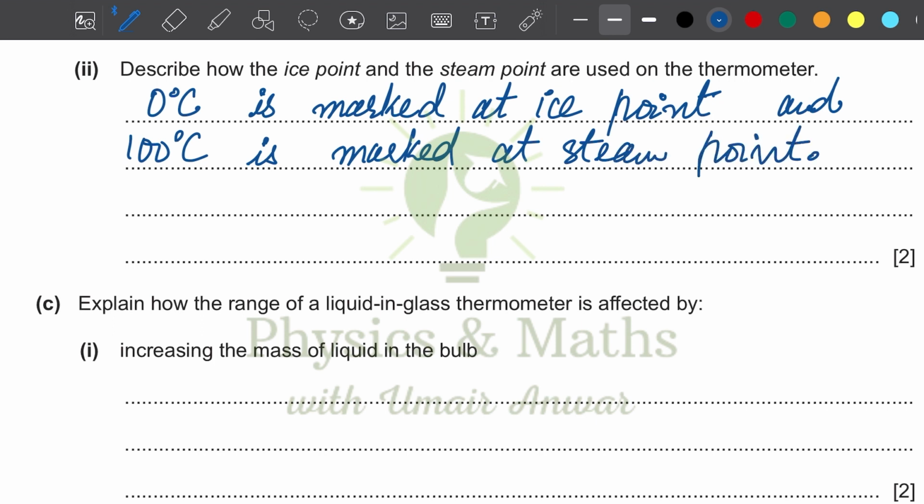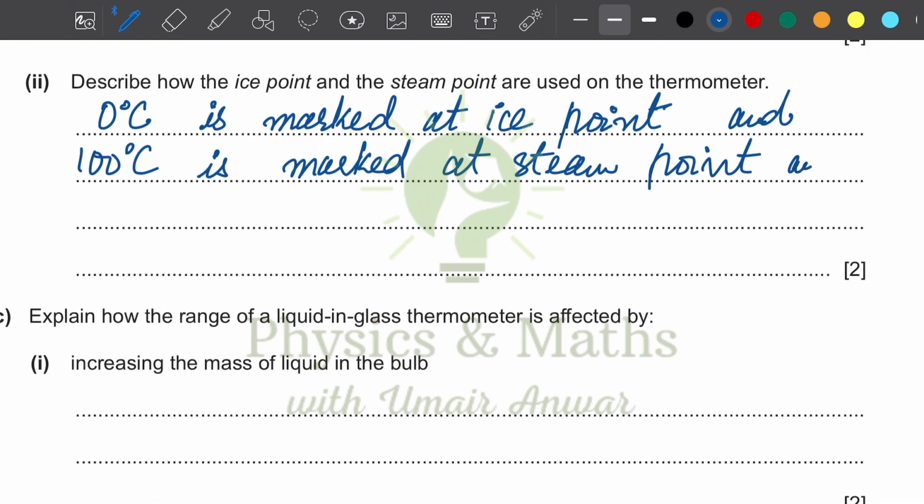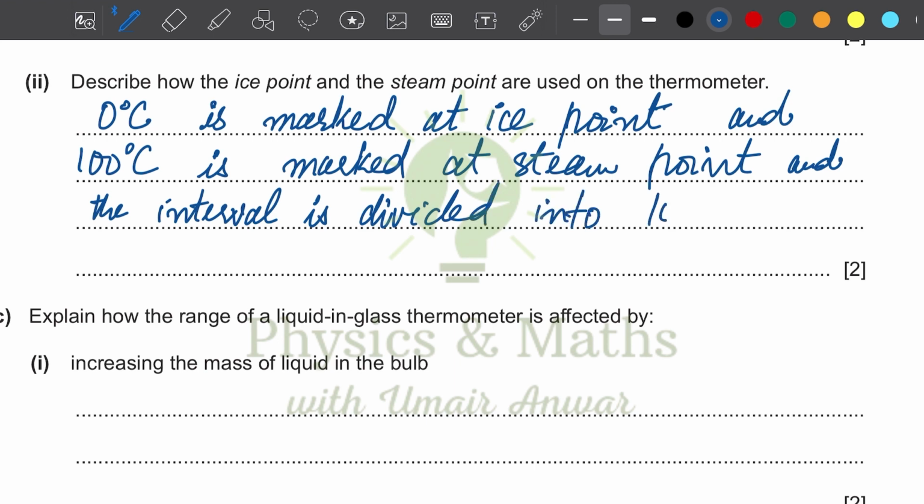So the level of liquid shows us where the 100 degree centigrade should be marked. And the interval is divided into 100 divisions. So this is how the scaling on a thermometer is done.